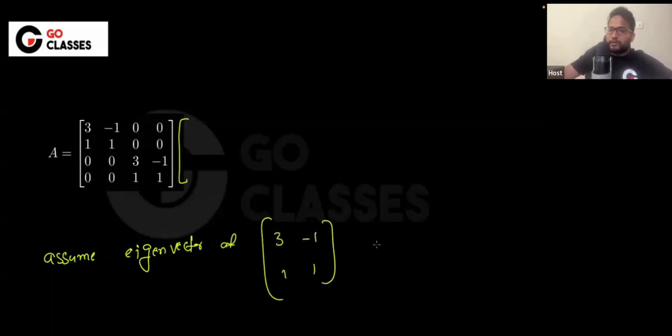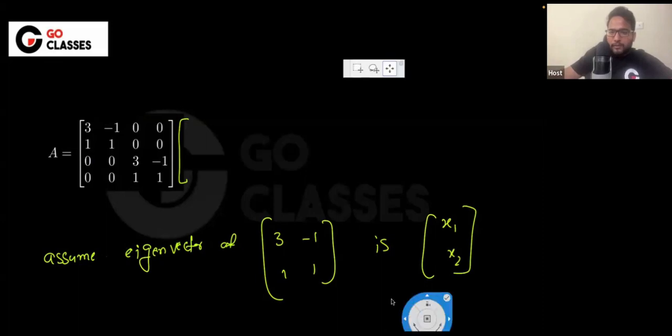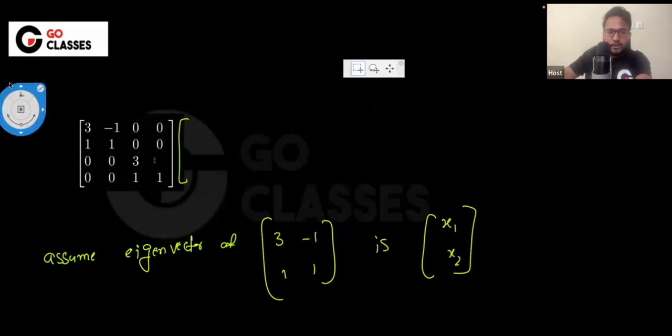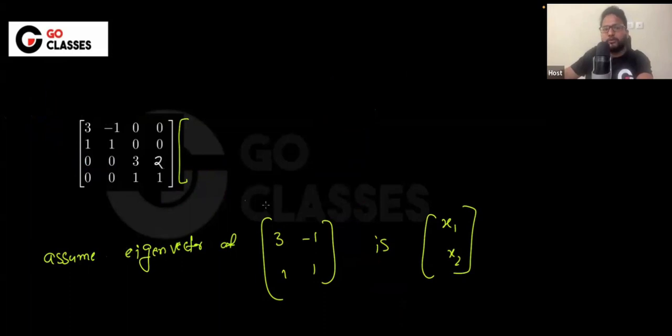Let's just assume the eigenvector of this, 3 minus 1, 1, 1, is maybe x1, x2. Okay, just assume this, for the sake of example. Let's just say this is some other matrix, maybe 3, or maybe 2. I don't want to have the same matrix to give you an example. Let's suppose this is 2.